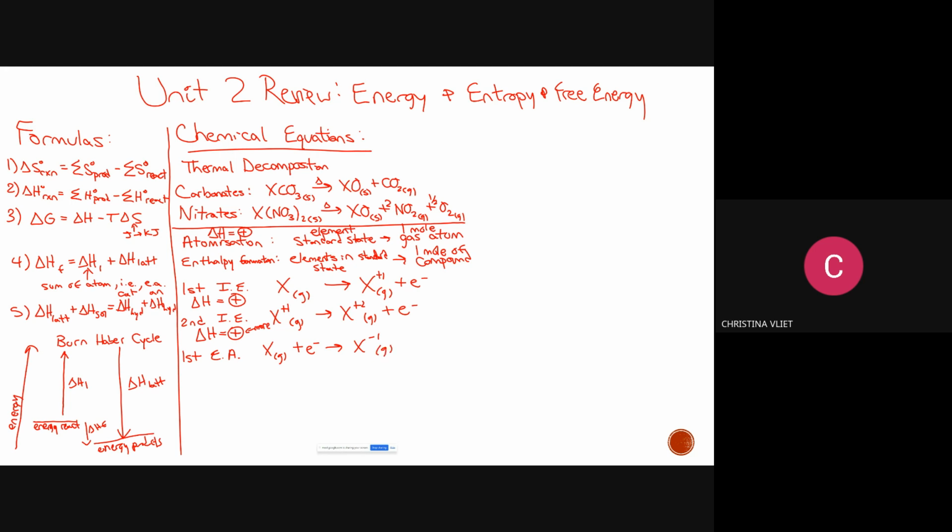Positive or negative? Delta H here is always negative. It releases energy to add an electron, if it's a nonmetal that wants an electron. Second EA.